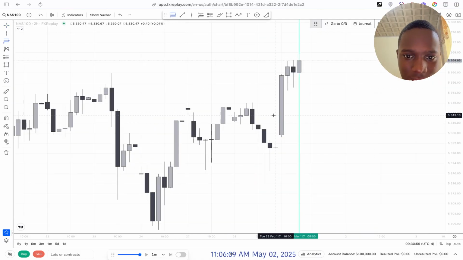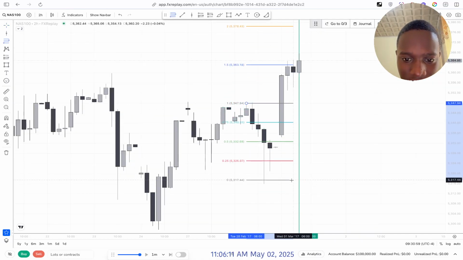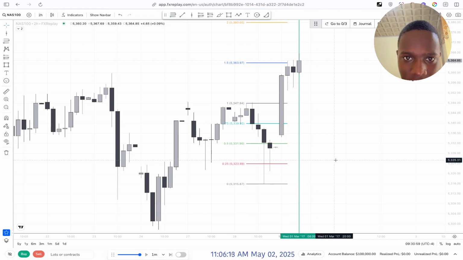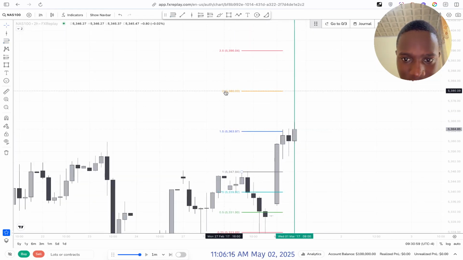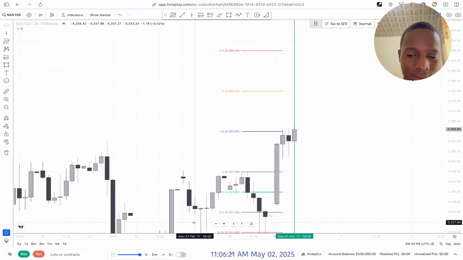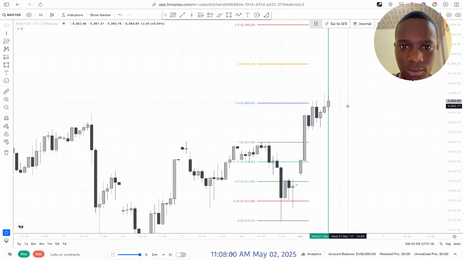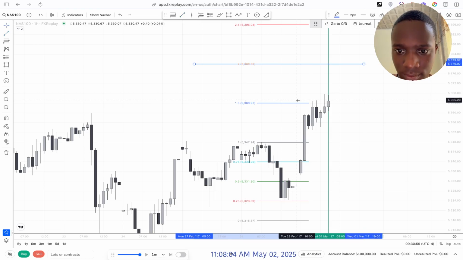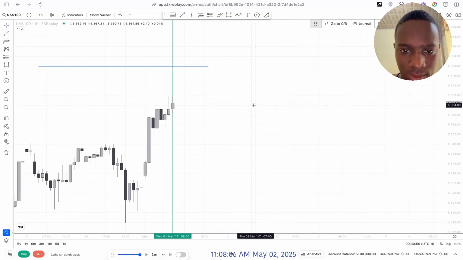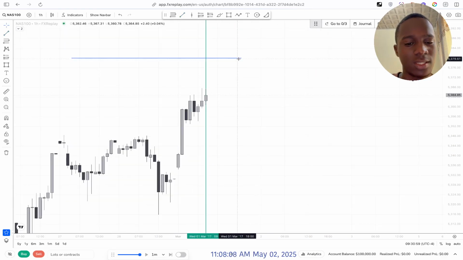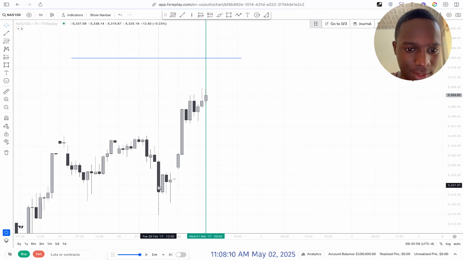So a standard deviation from this level to here would give us right here. This is the next target, between 2 and 2.5. So basically our level will be somewhere right here. Let's remove this, and we will be targeting this, prior to this move.